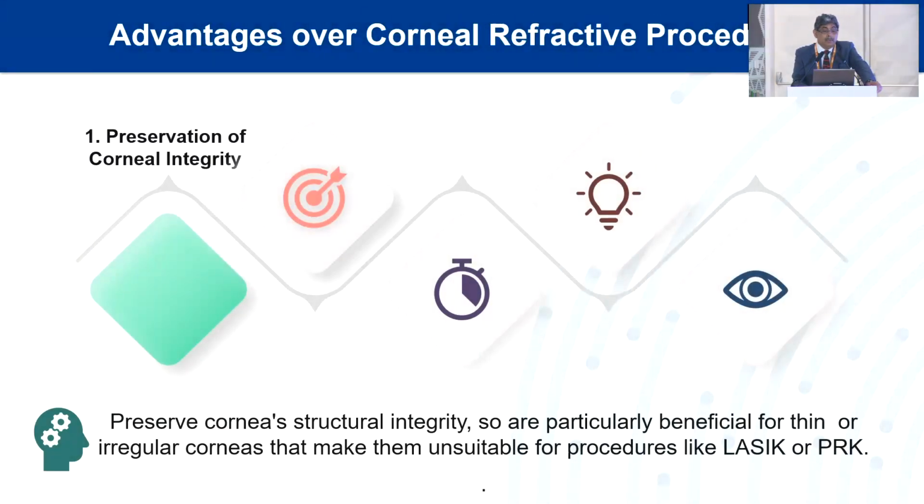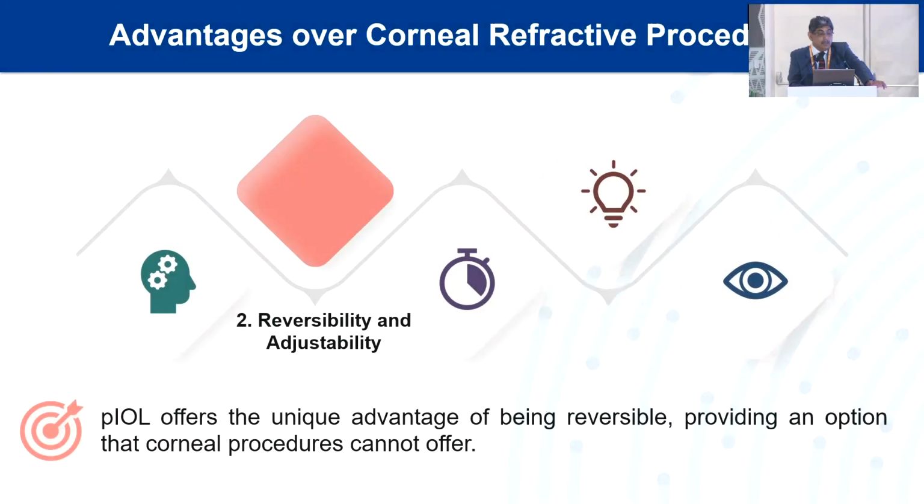The advantages over the corneal refractive procedure are that it preserves the corneal integrity. So we can do it on patients who have a thin cornea or irregular cornea, or who, due to some reason, have chances of ectasia post-operatively. Where the cornea is not suitable, in such cases we should do ICL, and this is a reversible procedure, and maybe due to some reason it gives us an option to reverse it, to explant it, or to exchange it.